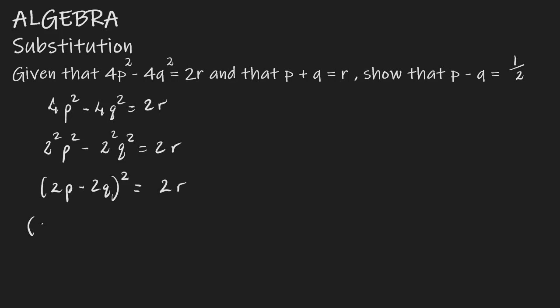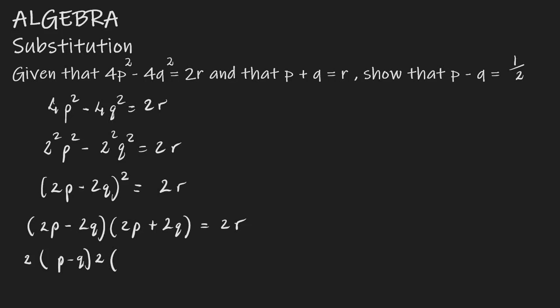So 2p minus 2q times 2p plus 2q is equal to 2r. Here I notice that I have 2 as a coefficient of each term on my left-hand side, so I'm going to factor out the 2. So 2 times p minus q times 2, factor out the 2, p plus q is equal to 2r.